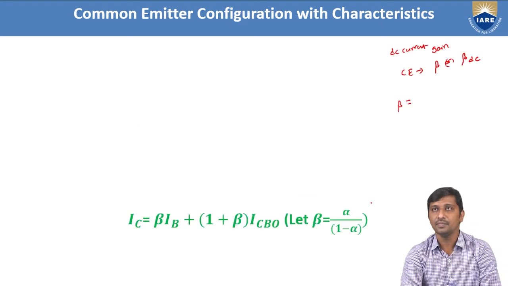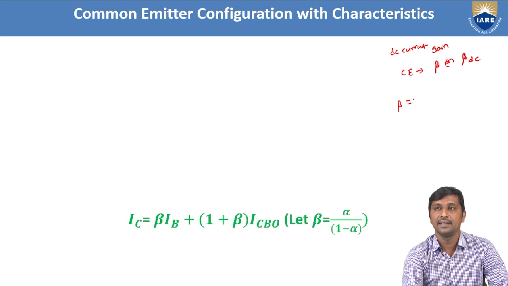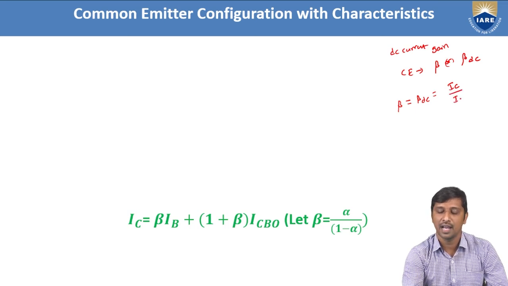So let us consider the beta, or the current gain of the transistor under the common emitter configuration, also represented as the DC current gain. It is defined as the ratio of output current, that is the collector current IC, to the input current IB, which is nothing but the base current.